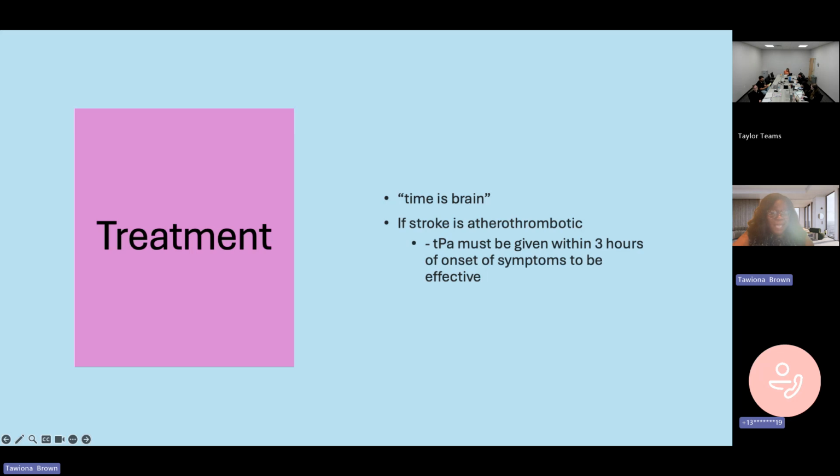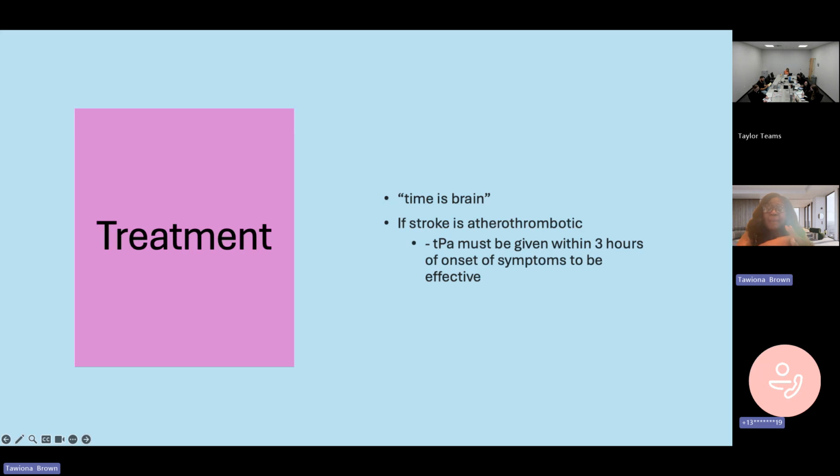If it's an ischemic or thrombotic stroke, then they will administer what we call TPA to this patient. And normally, if this medication is given to this patient within 3 hours of the onset of the stroke, then that's been known to be very effective per evidence in a better stroke recovery. And TPA stands for tissue plasminogen activator. So what it does is it breaks down the blood clots because it's administered intravenously.